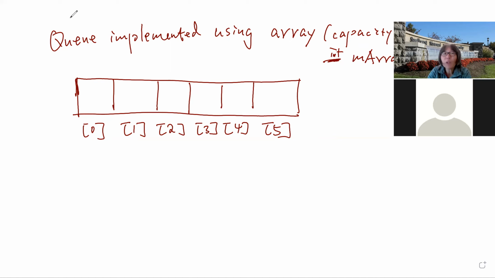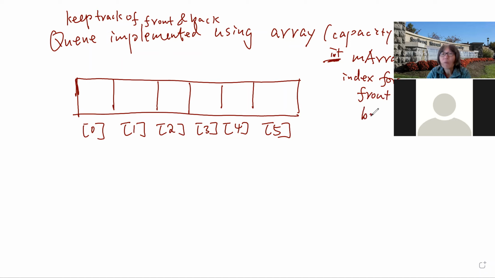And for a queue, we need to keep track of both front and back. So in this case, we need the index for the front item and also the back item.